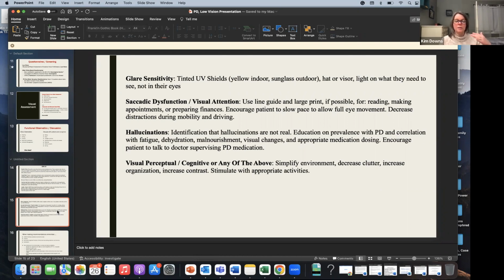We can make goals and we can practice this with them, using a line guide for making appointments, preparing their finances, and reading the mail. We also want to encourage the patient to slow down their pace to allow time for their eyes to move, and also time for their brain to absorb what they're seeing, because that speed really reduces.